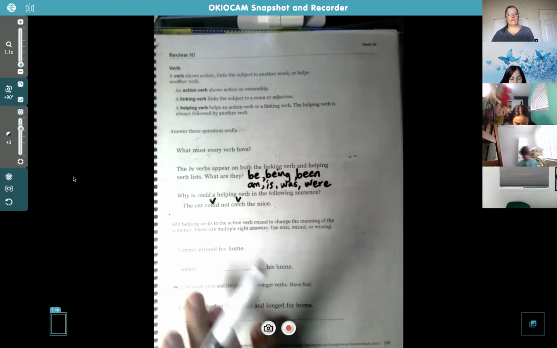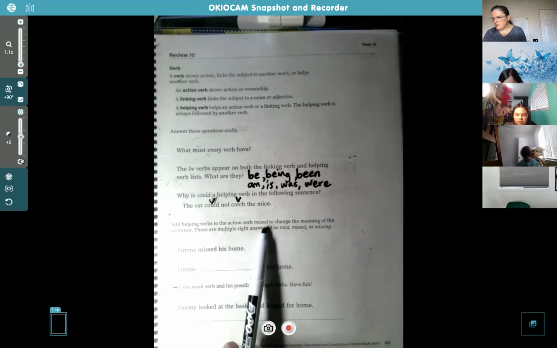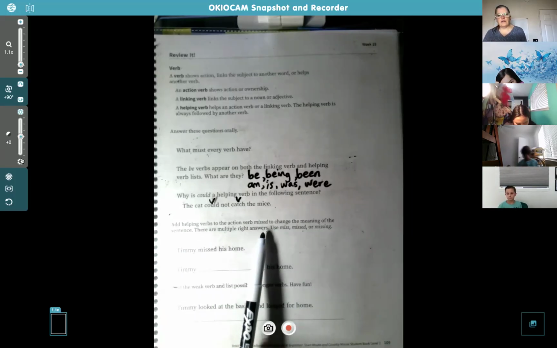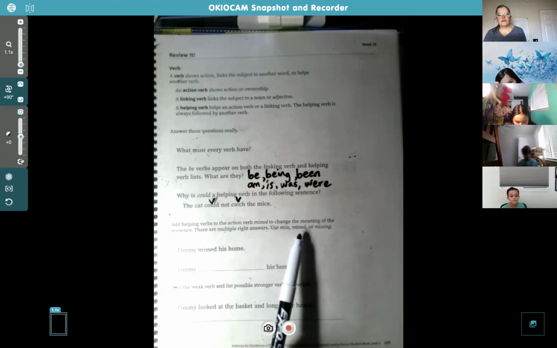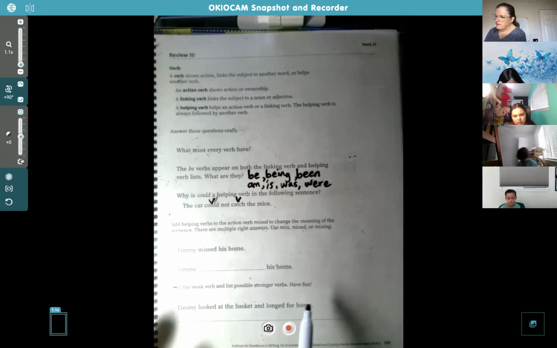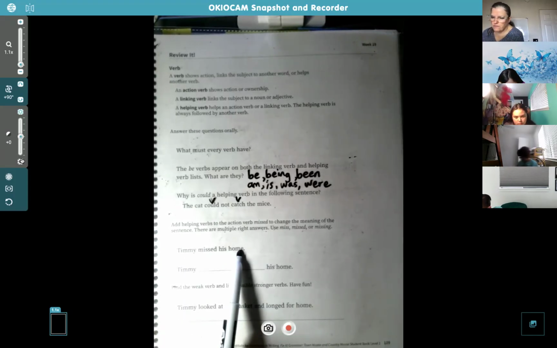Okay, now we're going to go on to the bottom part here. And it says, add helping verbs to the action verb missed to change the meaning of the sentence. There are multiple right answers. You can use miss, missed, or missing. So first of all, it says Timmy missed his home.